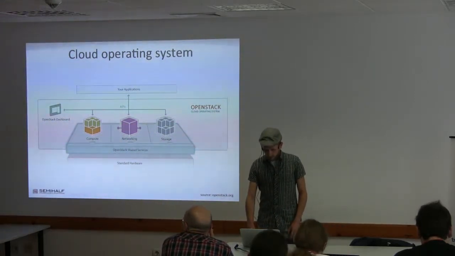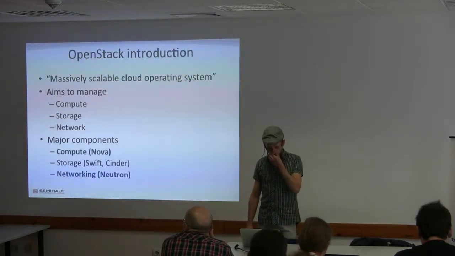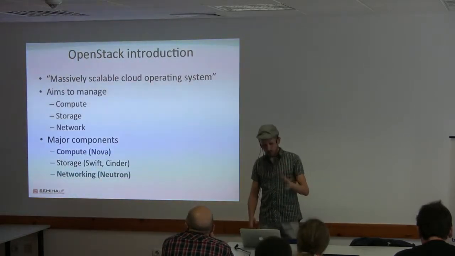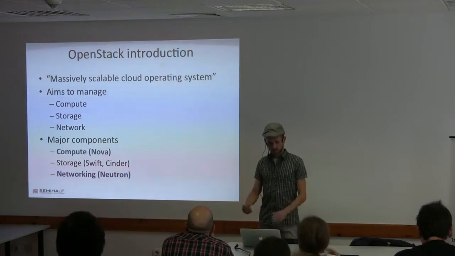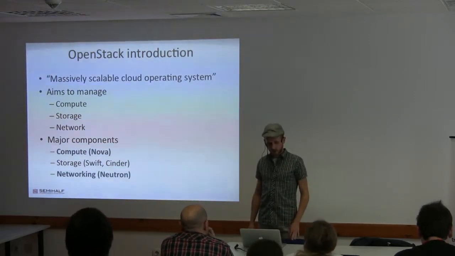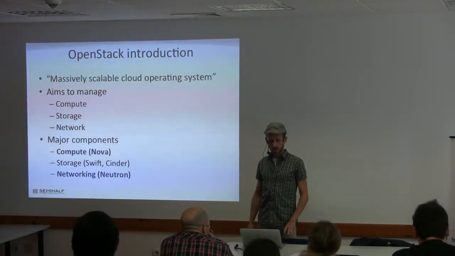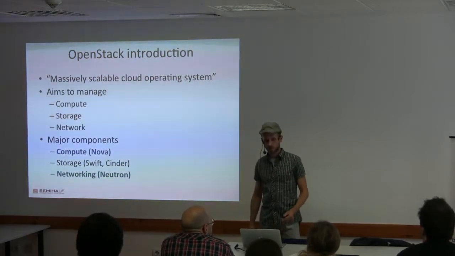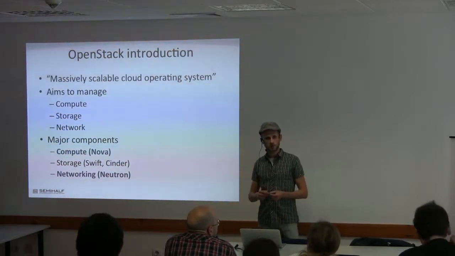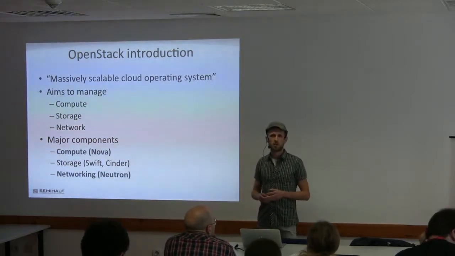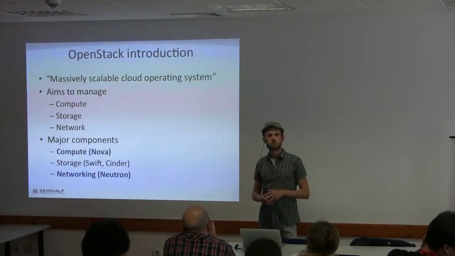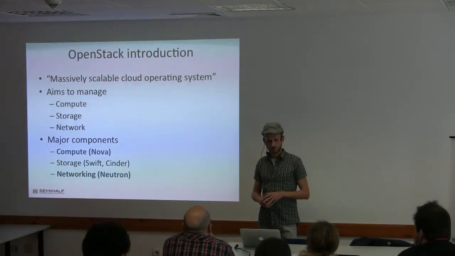So let's start with OpenStack. It's actually what I said previously, that they aim to manage those three things. And the things about compute and storage have already been very well supported by OpenStack.